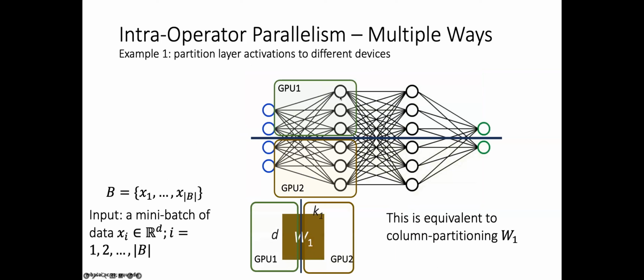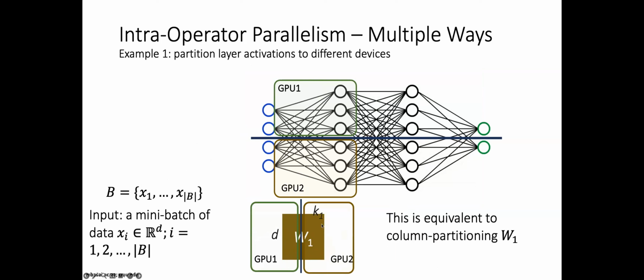If you make GPU 1 compute the first three neurons of layer 1, then that GPU needs to take the first three columns of the first weight matrix W1. Likewise, GPU2 needs to take as input the second three columns.